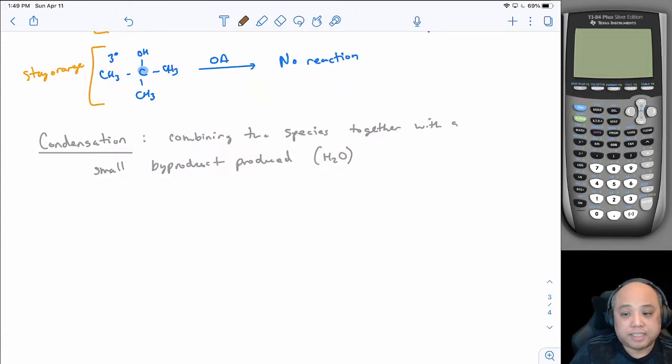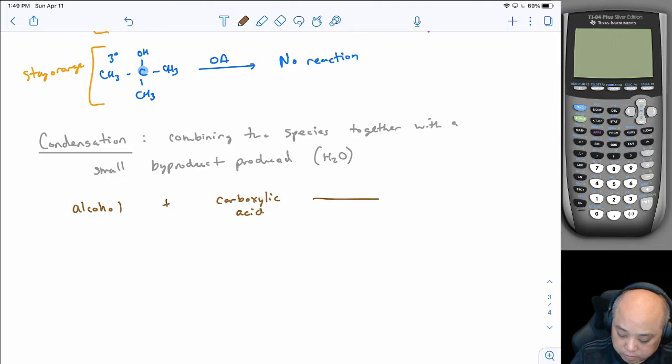So for our condensation, we're very specific about what types of functional groups are going to combine together. R2 will be an alcohol plus a carboxylic acid, using sulfuric acid to form what we call an ester.